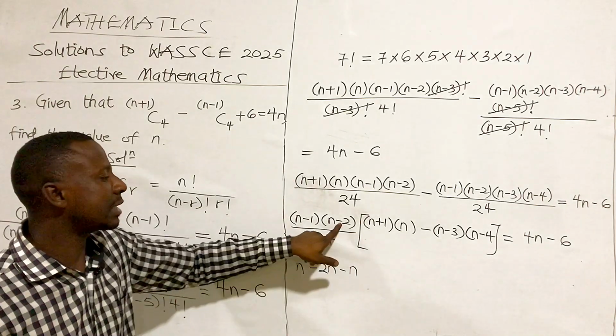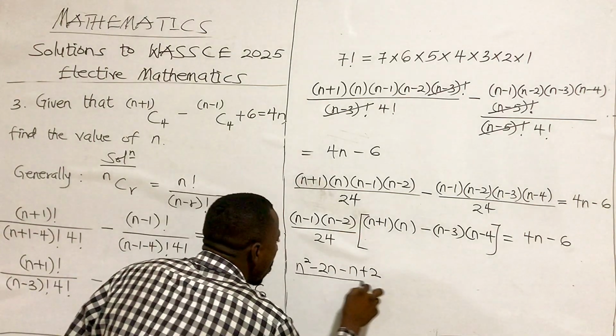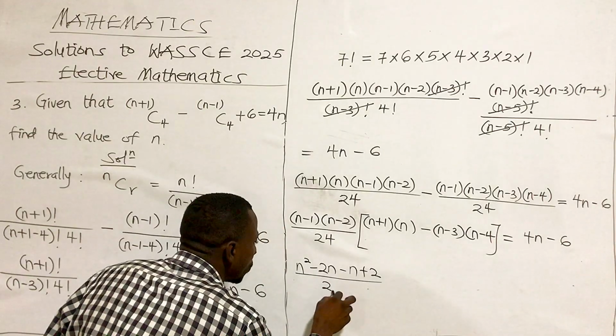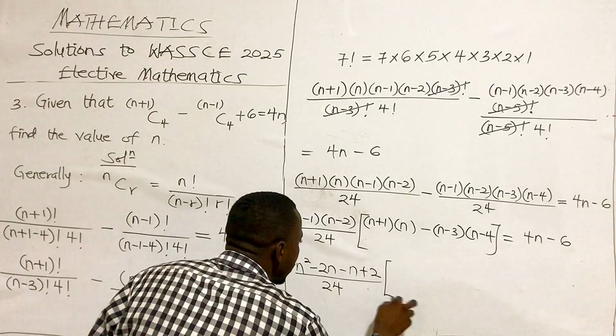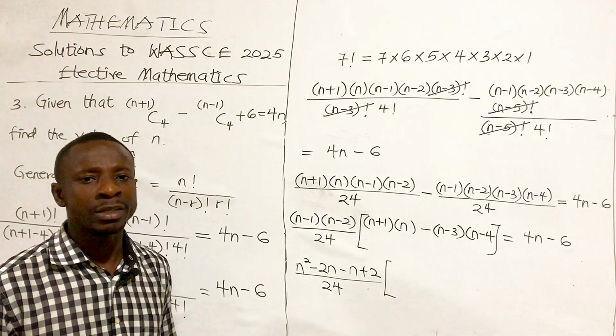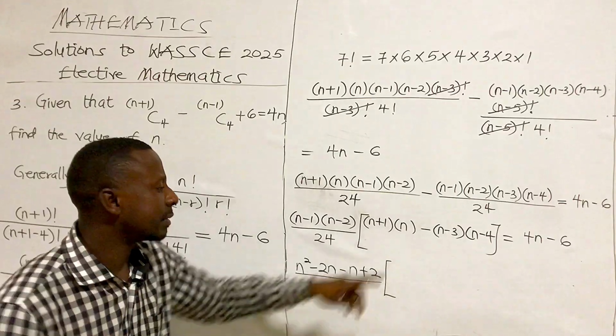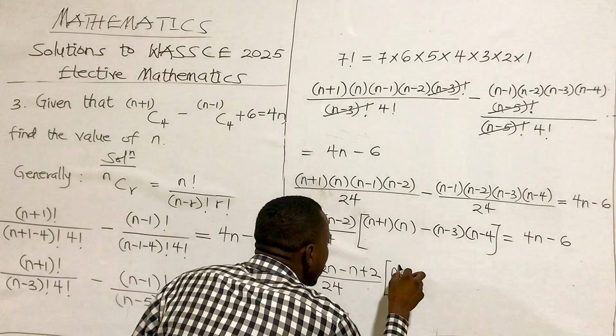Negative 1 times negative 2, I have positive 2. All over 24 in a big bracket. So this and this, I am also going to multiply. n times n, I have n squared.